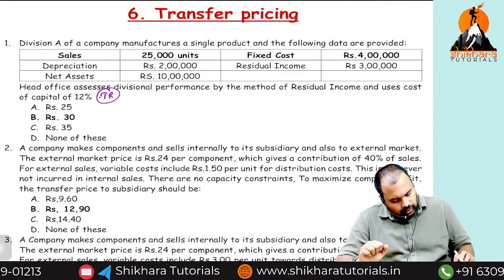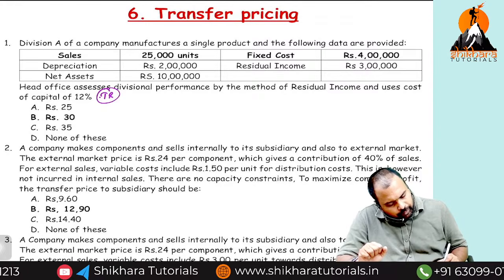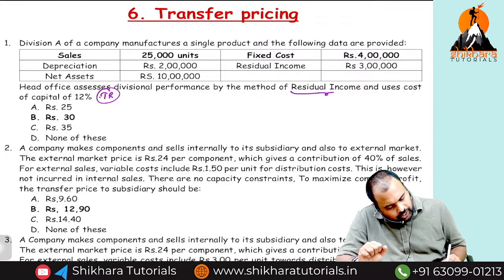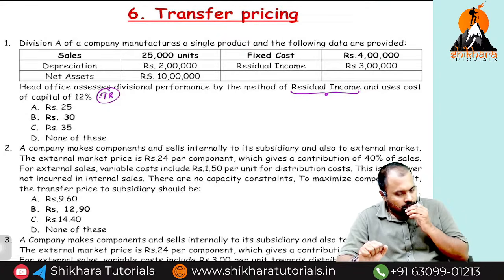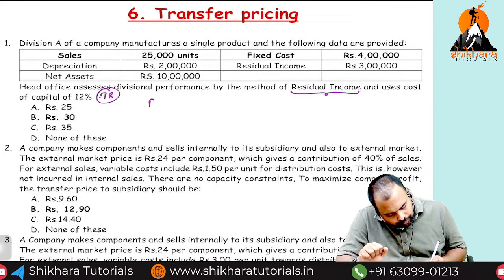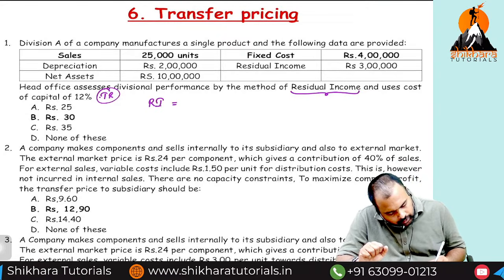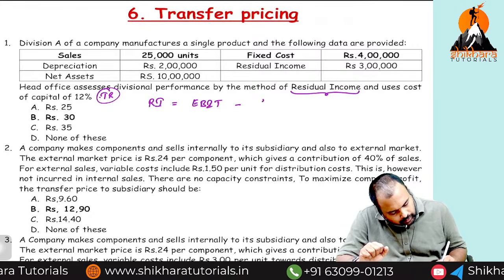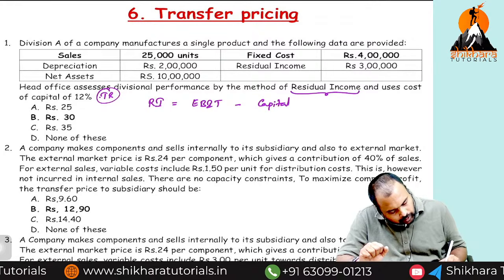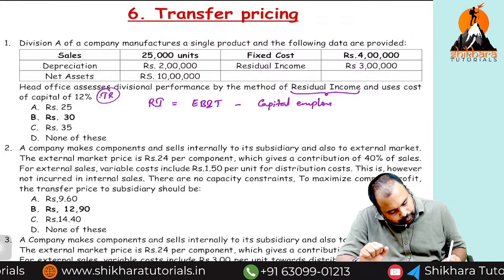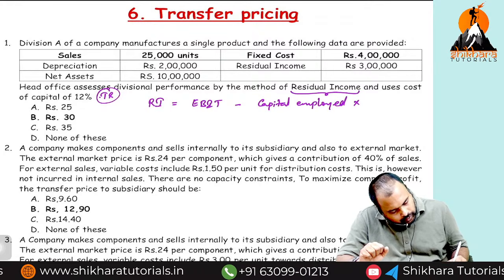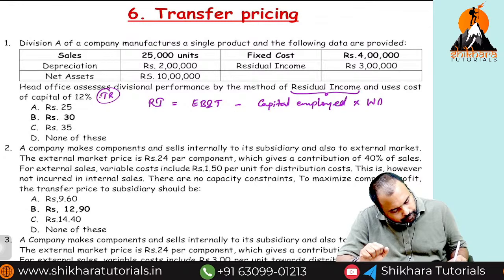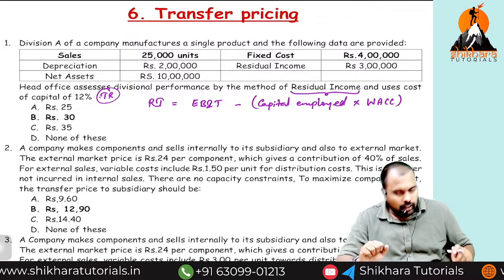They say that divisional performance is based on residual income. Now, sir, what is residual income? RI is equal to EBIT minus capital employed into cost of capital. That has to be the RI.